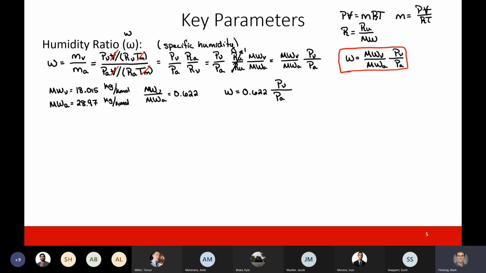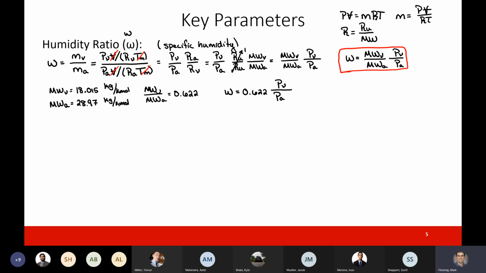Now, while that helps us a little bit, we still have to know what the partial pressures of each of our components are. That's a little bit hard to do. And so we said, well, when we deal with atmospheric science, it's atmospheric. That's a known pressure, like 1 atmosphere for the most part.